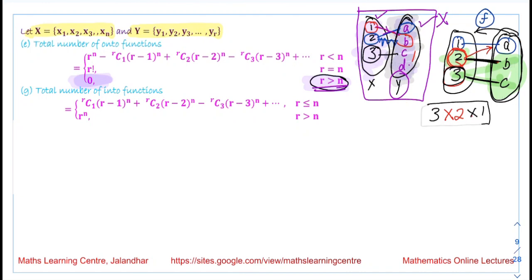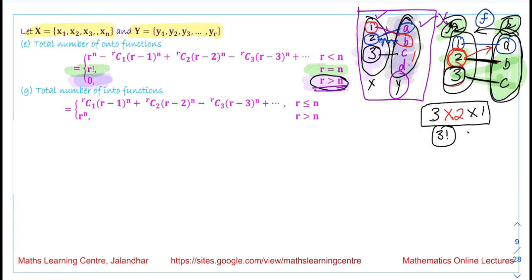So the answer we obtain is 3 into 2 into 1, which is 3 factorial. Similarly, if we generalize this formula, suppose there are r elements in this set and r elements in this set, the number of elements being equal, then the total number of onto functions will be equal to r factorial.